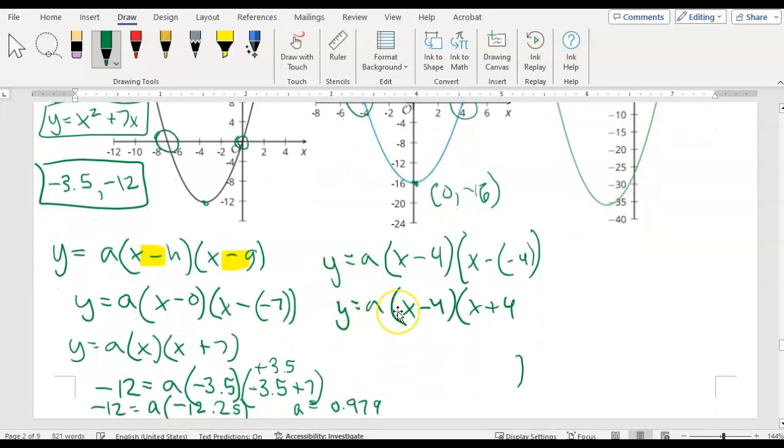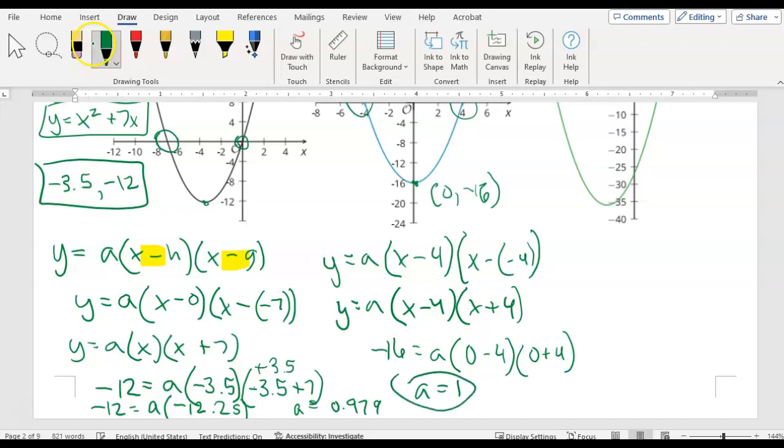Now, if I need to solve for a, I can plug in this value here. So we can do -16 equals a times (0 minus 4) times (0 plus 4). And you may already recognize that this is going to equal -16, so a is going to equal 1. So you can just rewrite this, getting rid of that a as 1.